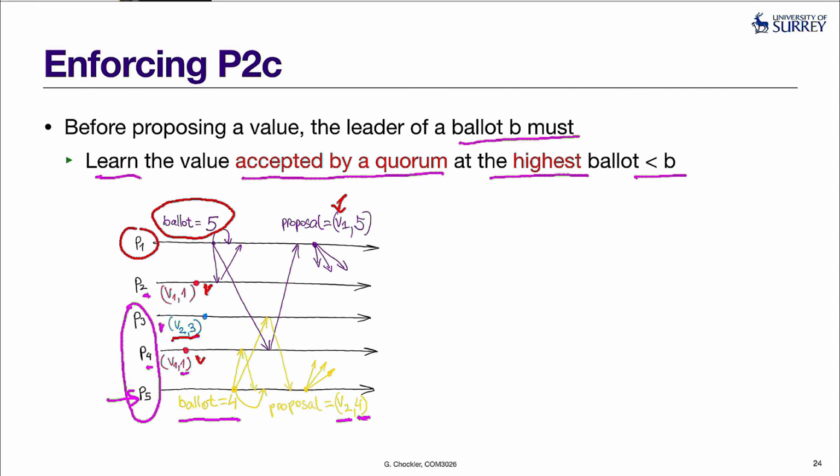And so we see that we can actually issue, in this case, two concurrent proposals for contradicting values. So this is not what we want to happen. We actually need to ensure that these two proposals are consistent. And how could that be done?